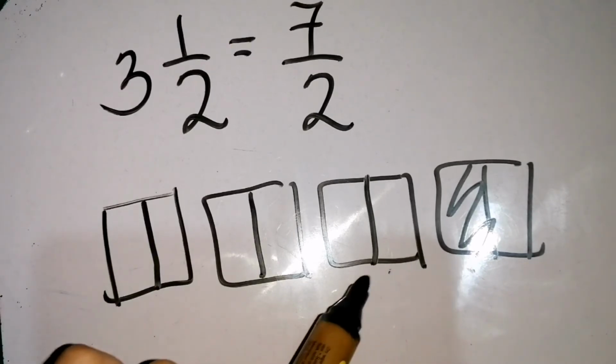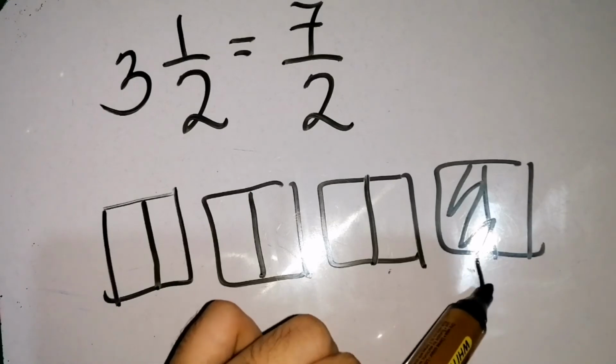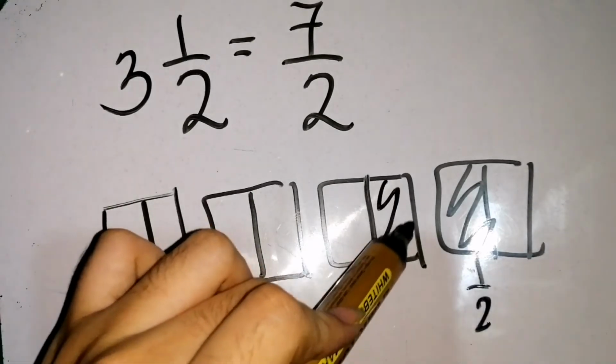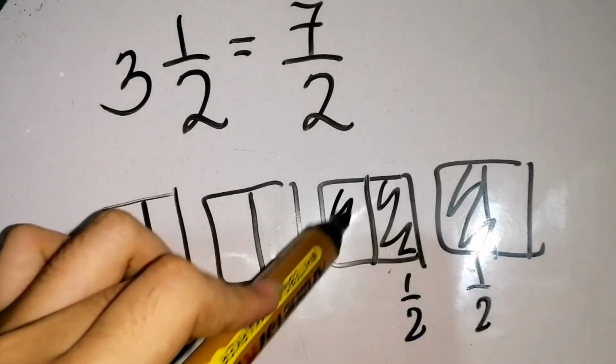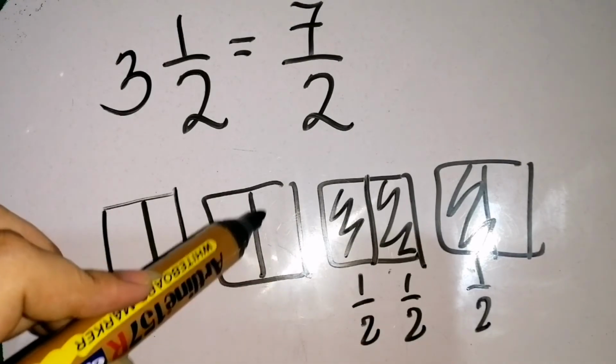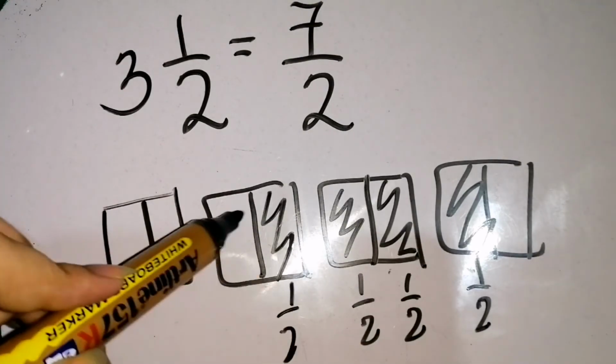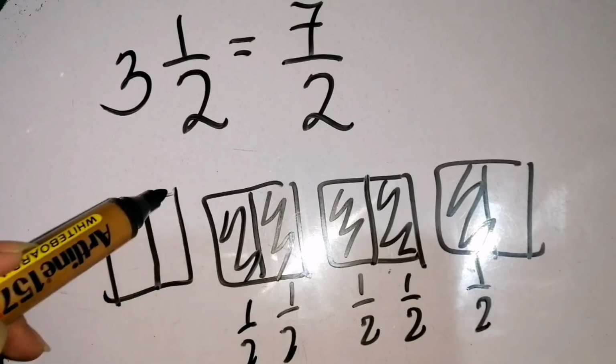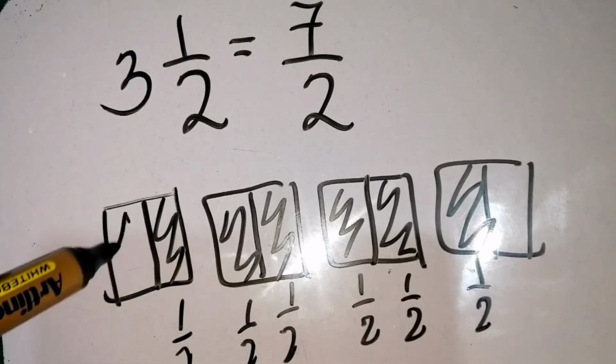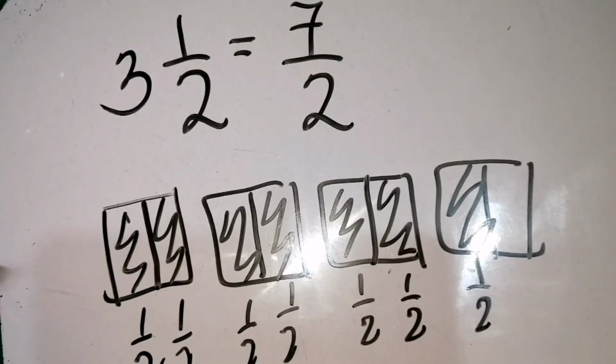So they are now of the same sizes. This is equal to 1/2, this is equal to 1/2, this is equal to 1/2, also 1/2, 1/2, and 1/2.